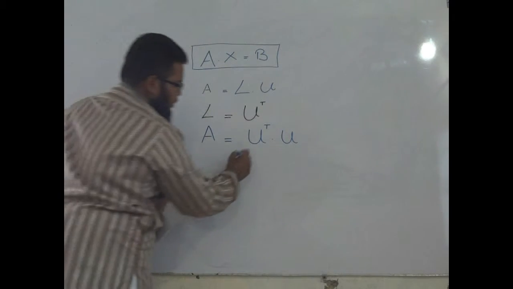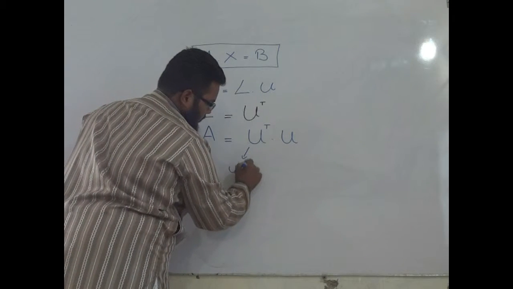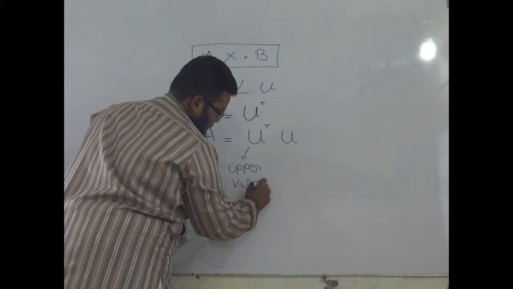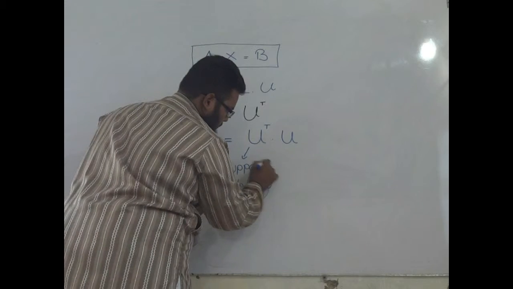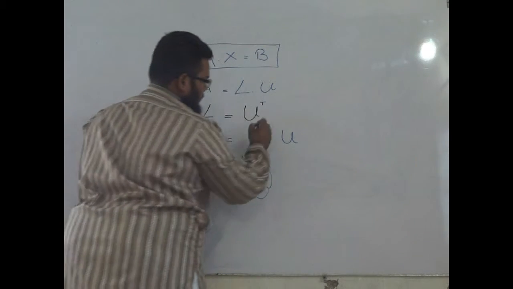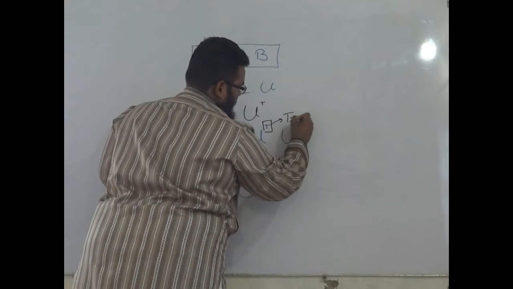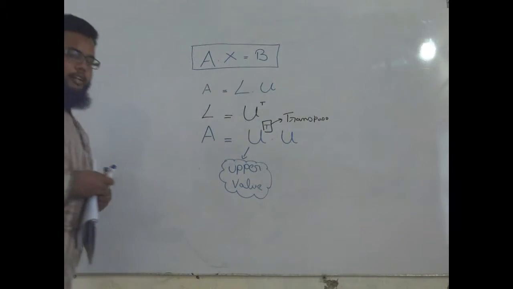Here U is an upper triangular matrix, and T is for transpose. Okay, got it?